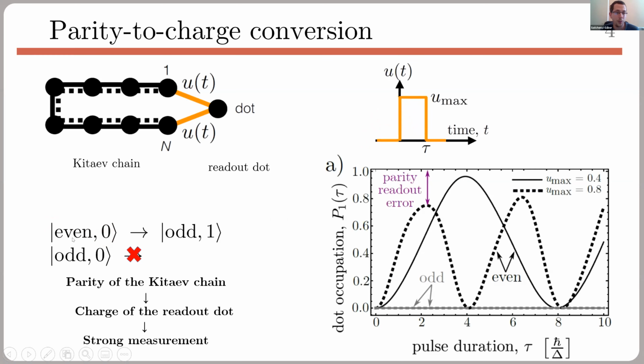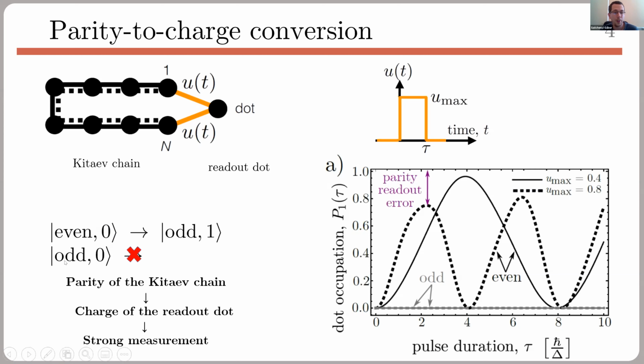Even is the ground state of the Majorana wire, sorry, and 0 means there is no electron on the dot. After a Rabi cycle, this state evolves to the odd 1 state. So there is a Rabi oscillation between these two states, which means that after a Rabi cycle, one electron is funneled out from the wire to the dot.